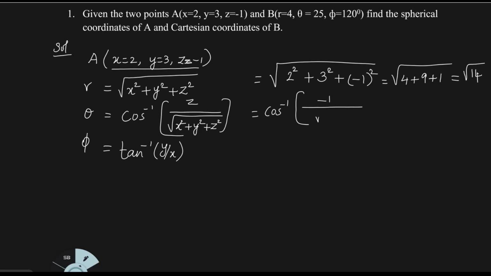The value of square root of 14 is 3.74. Thus, cos inverse of minus 1 divided by square root of 14.